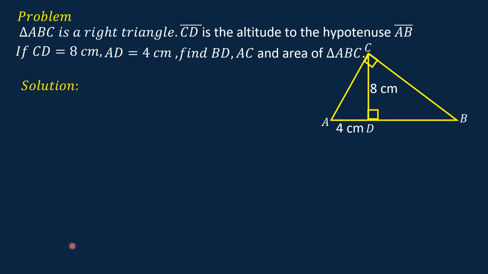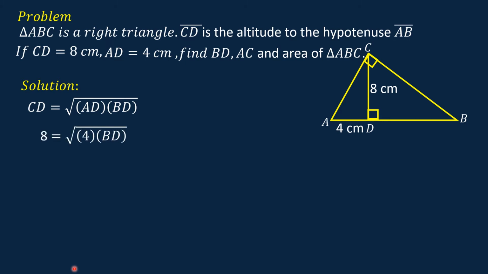Therefore, CD is equal to the square root of AD times BD. We are going to substitute 8 for CD and then 4 for AD. So we have now 8 is equal to the square root of 4 times BD.